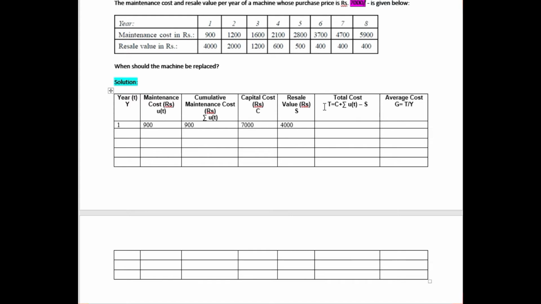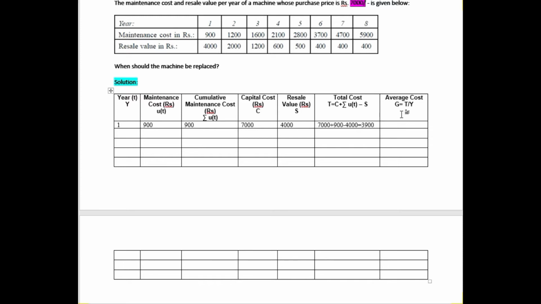For the first year, total cost T equals C plus summation of u_t minus S. C is the capital cost, that is 7,000, plus summation of u_t, that is 900, minus the scrap value 4,000, so equal to 3,900.